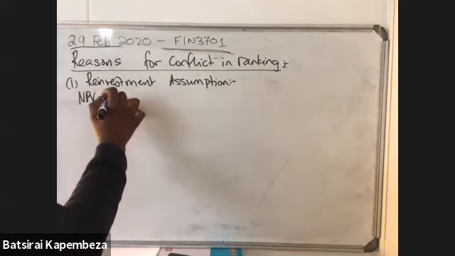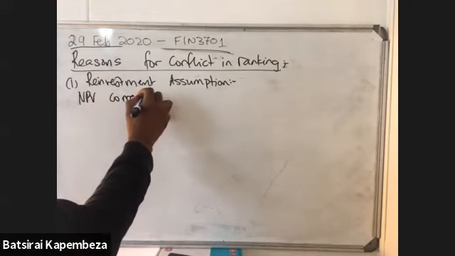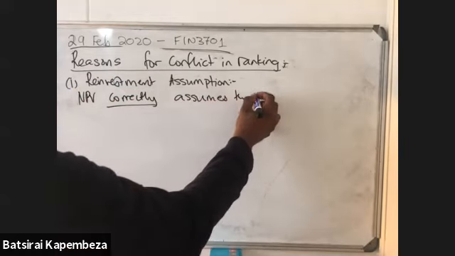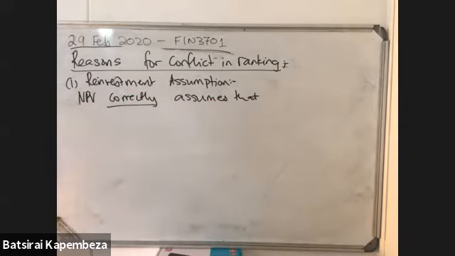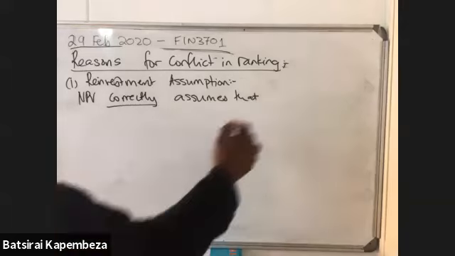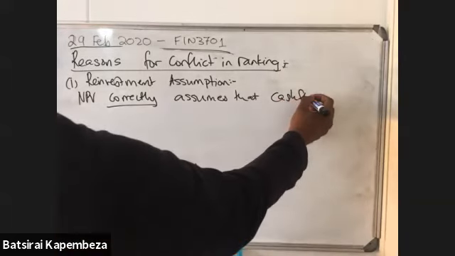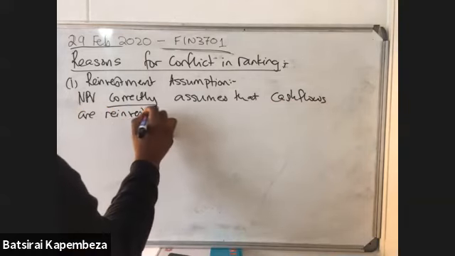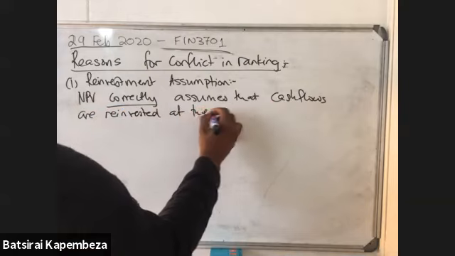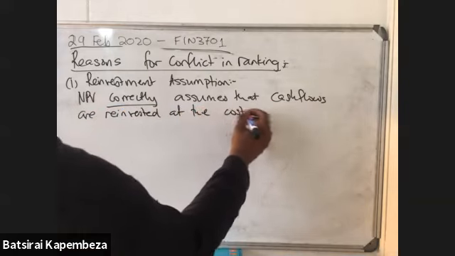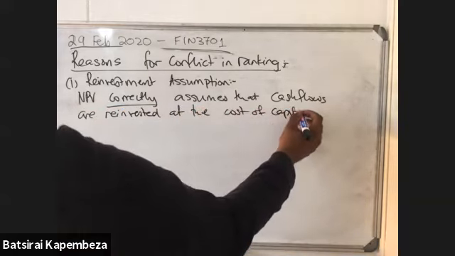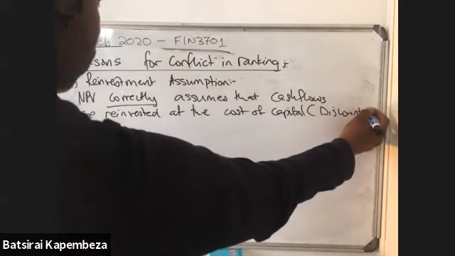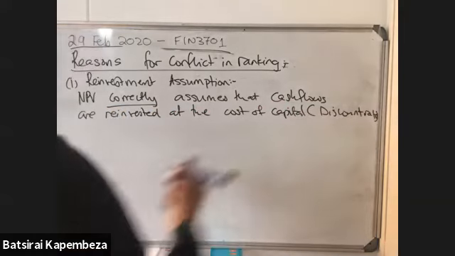The NPV correctly assumes that cash flows are reinvested at the cost of capital or the discount rate. This is correct.